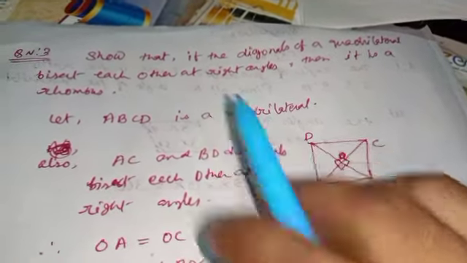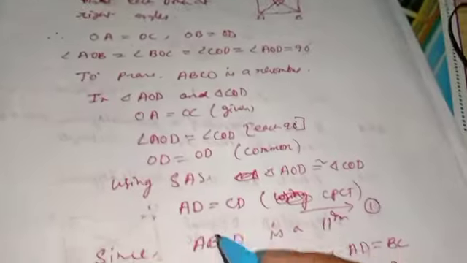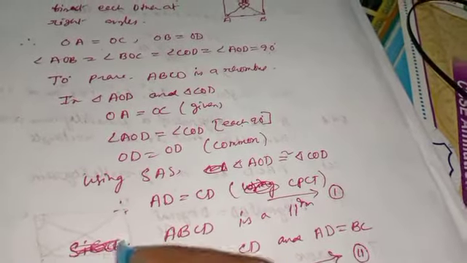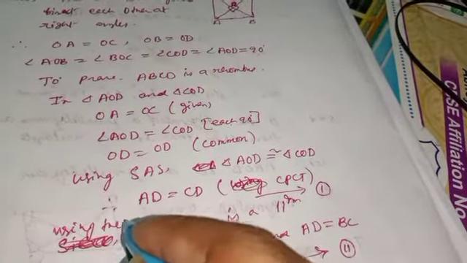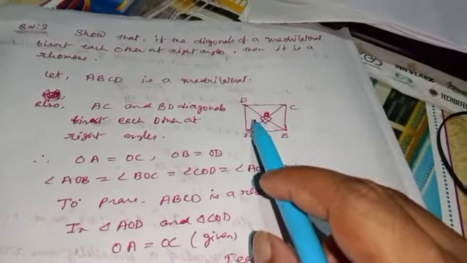Using the theorem, ABCD is a parallelogram.